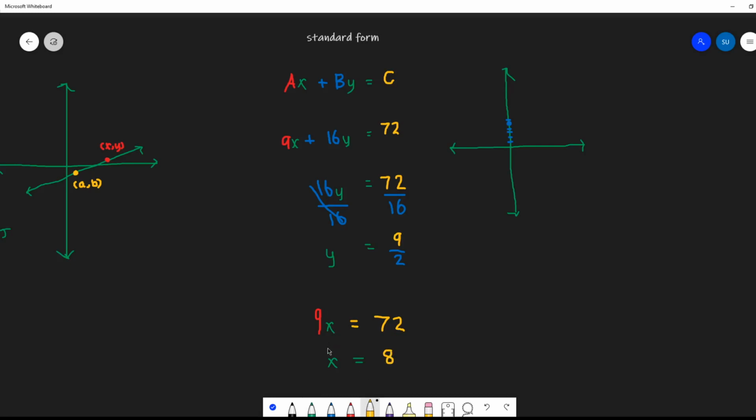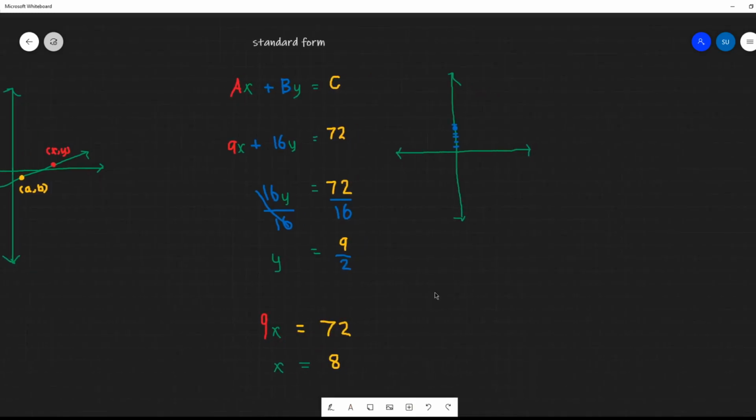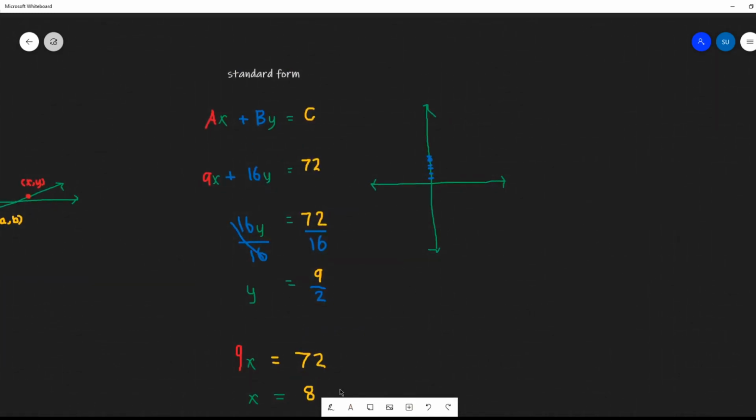Because 72 divided by 9 is 8. So given that our x-intercept is at 8, we could say 1, 2, 3, 4, 5, 6, 7, 8. And now that we have 2 points, our x and y-intercept, we can easily graph the line. Let me do this in green.